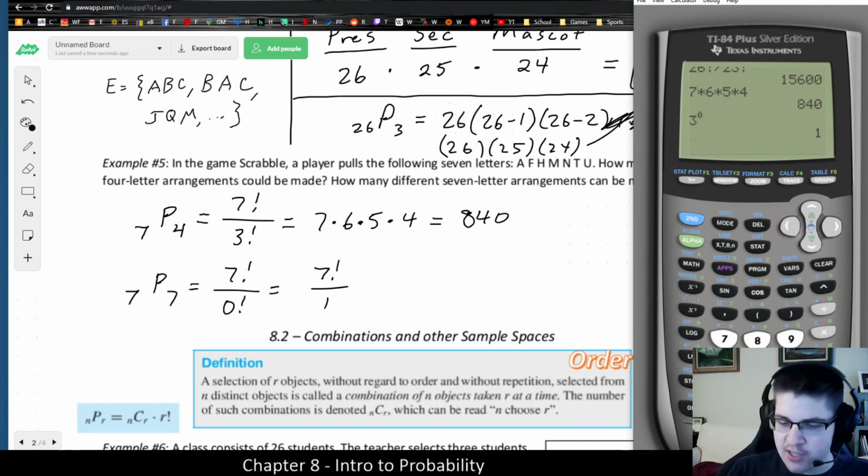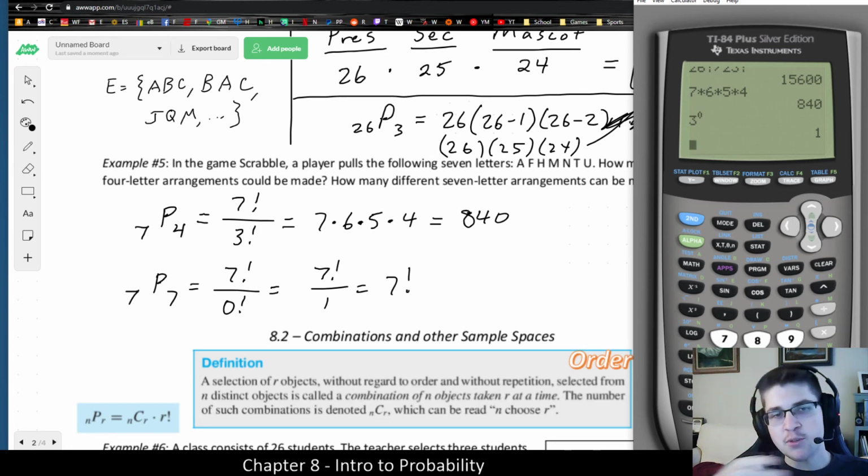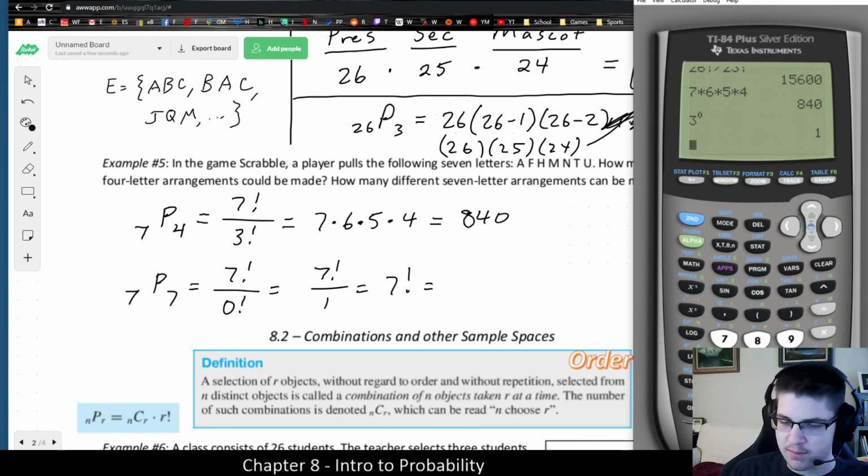But anyway, that's just going to be 7 factorial. If we're doing a complete chain of all of them, it's always just how many letters there are, factorial. I think the book says somewhere that if you're going to permute all n objects, it's just n factorial, which is easy to remember. For my first choice, I have 7 letters, then 6, then 5, then 4, then 3, then 2.